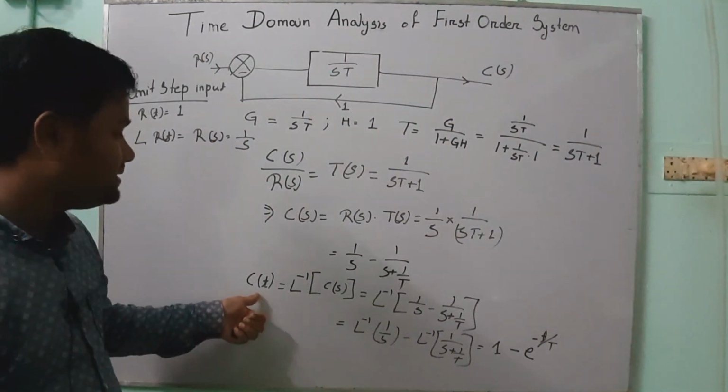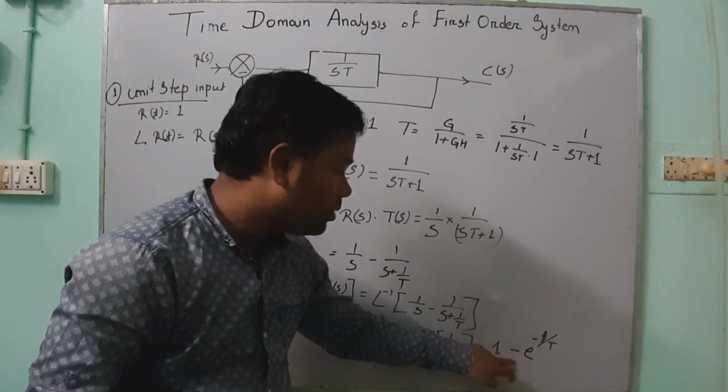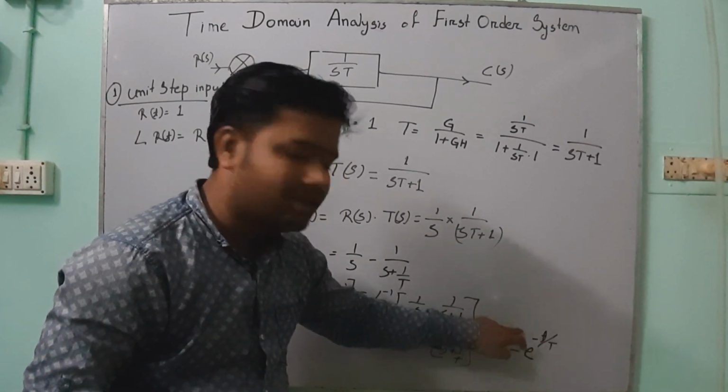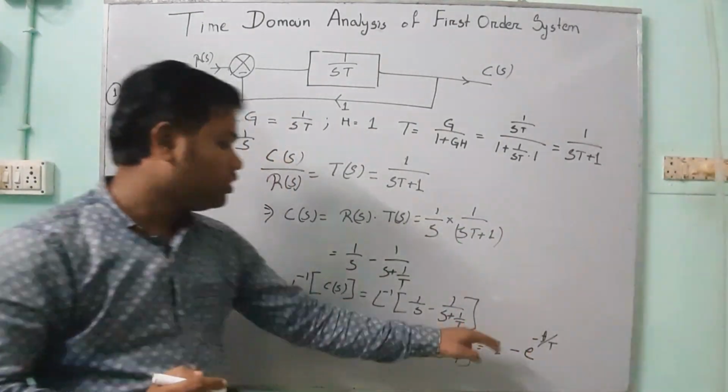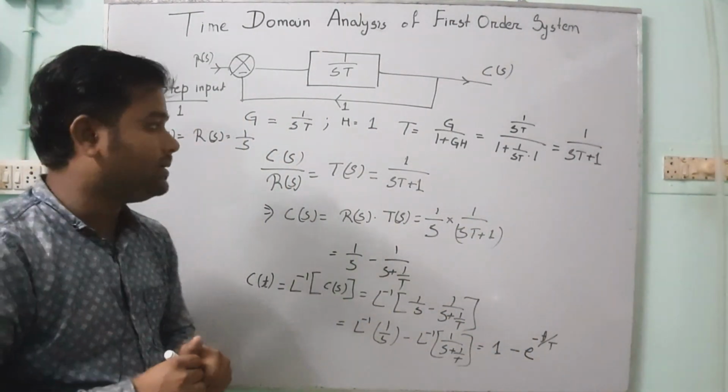That means C of t is equal to 1 minus e to the power minus t by capital T, which purely depends upon time. So here the output is in the time domain.